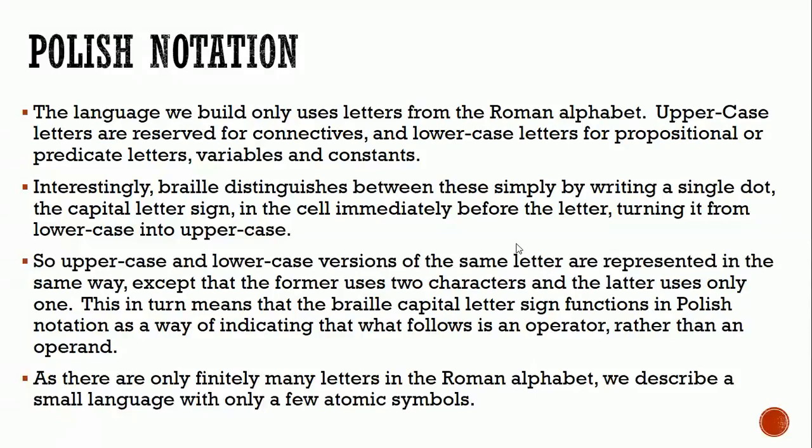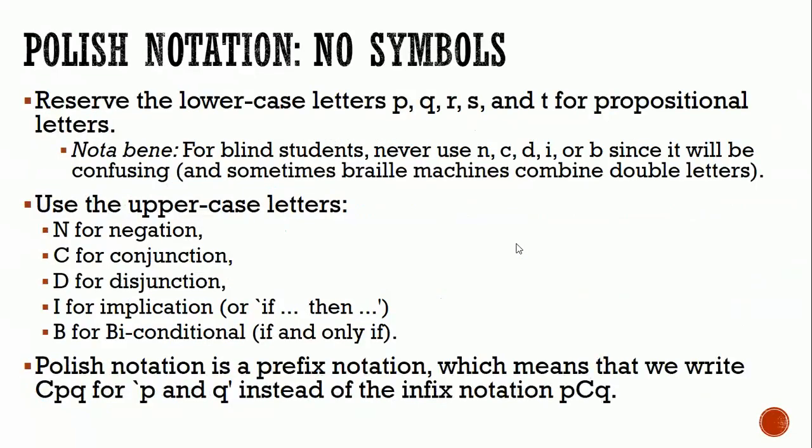So this in turn means that the Braille capital letter sign in Polish notation is a way of indicating that what follows is an operator rather than a variable. As there are only finitely many letters in the Roman alphabet, we describe a small language with only a few atomic symbols. Some of you who are programmers may use Polish notation, so this might interest you. Everybody else, ignore everything that has to do with Polish notation.